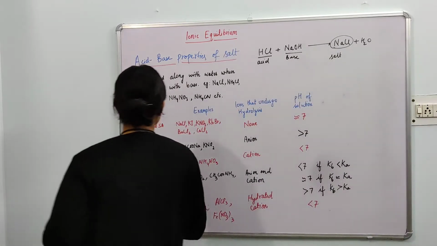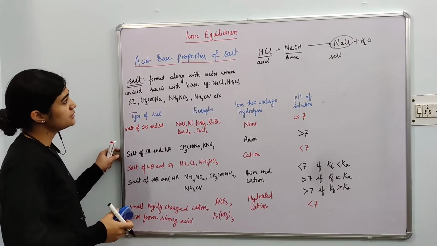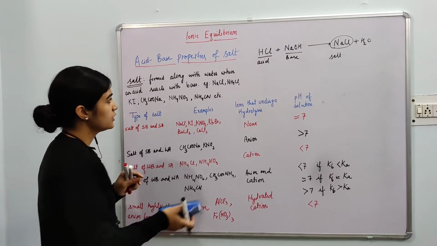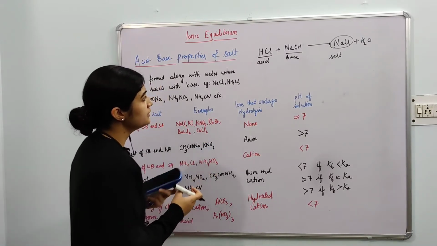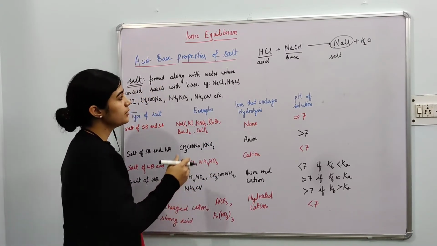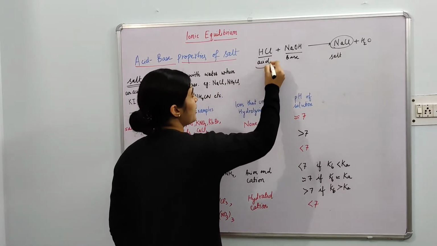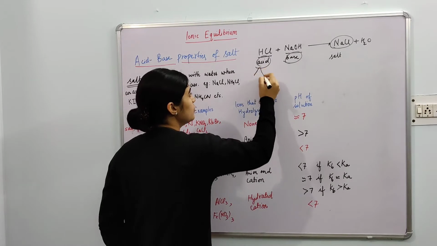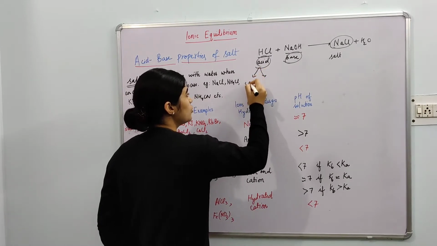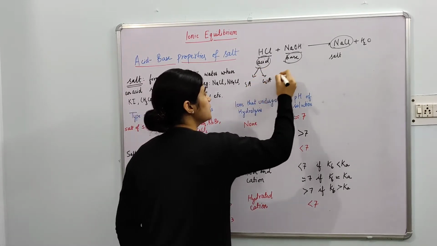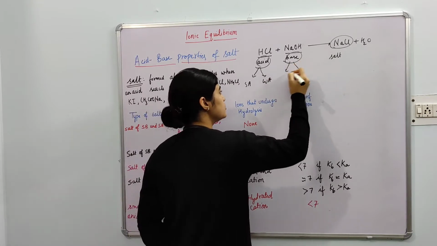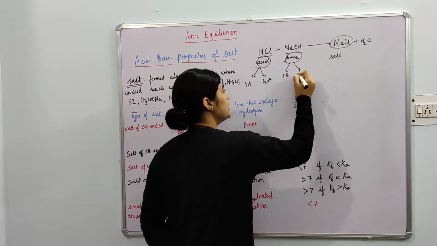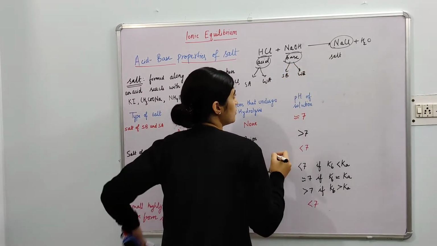Now there are various categories or types of salt, and we define those categories based on the type of acid and type of base we are taking. Acids can be of two types: strong acid and weak acid. Similarly, bases are also of two types: strong base and weak base.